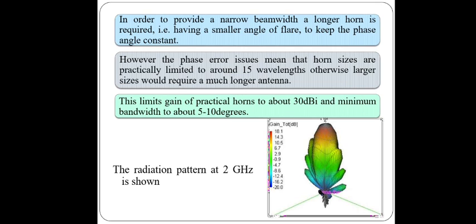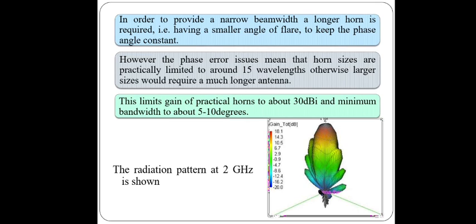Otherwise, we would have to construct much longer antennas. So the limited gain of practical horns is about 30 dBi, and the minimum beam width is 5 to 10 degrees.